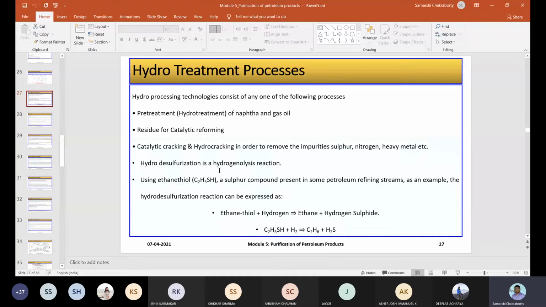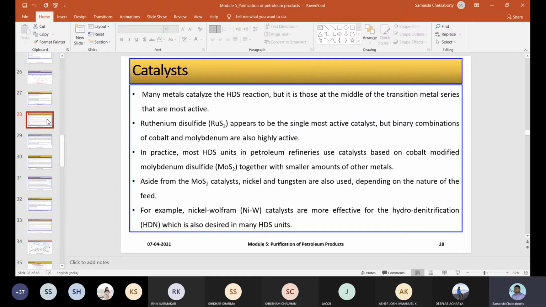Hydrodesulfurization is a hydrogenolysis reaction, using ethane thiol, a sulfur compound present in some petroleum refineries, as an example. The reaction can be expressed as ethane thiol reacting with hydrogen, producing ethane and hydrogen sulfide, and then you have to further purify your hydrogen sulfide.